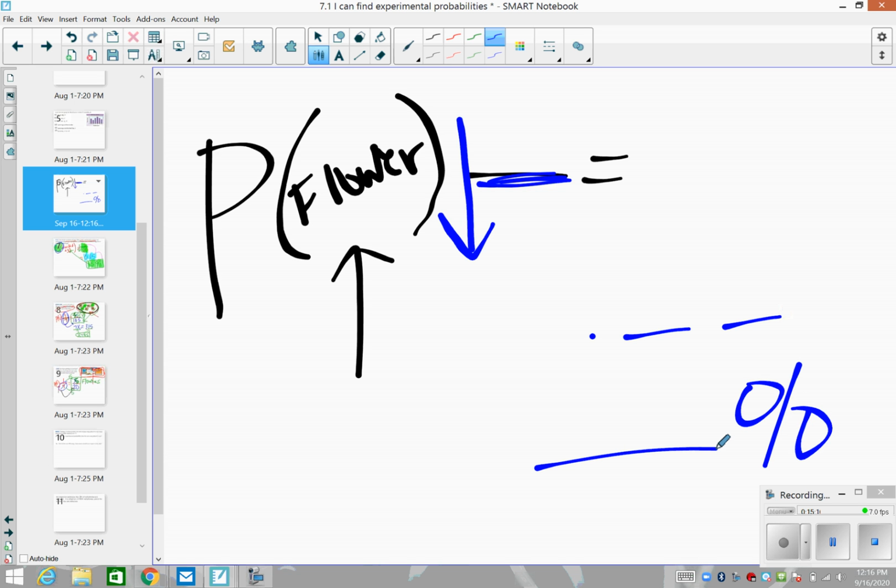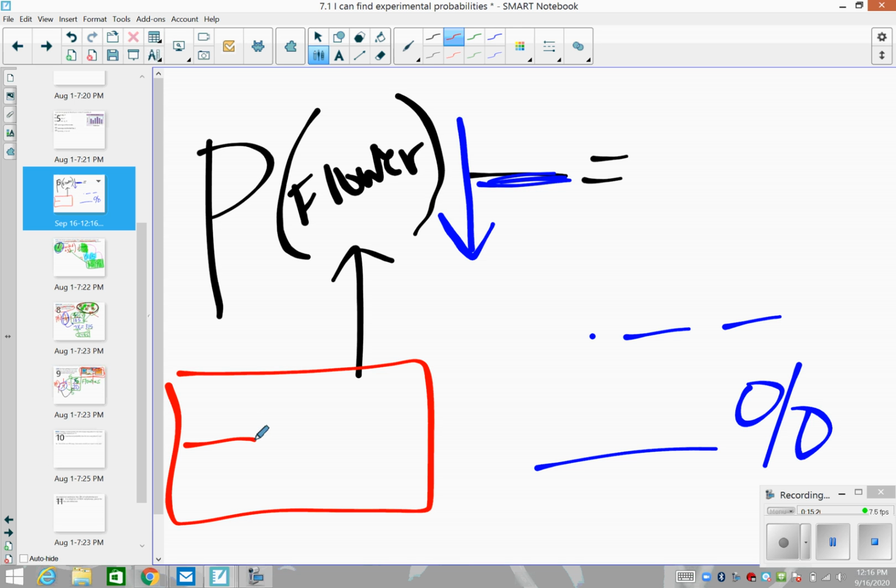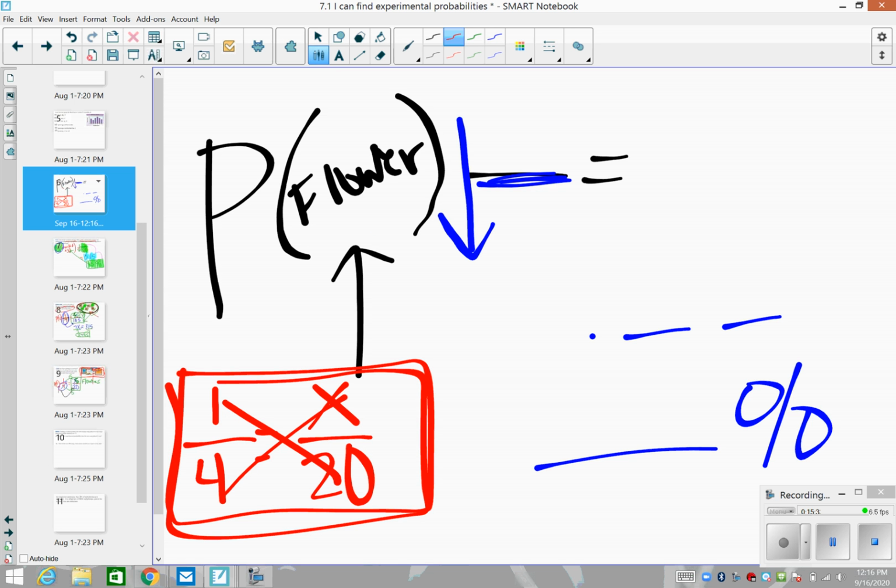There are other times where we set up a proportion: we got 1 out of 4 cards that had flowers in our experiment, so what do we predict would happen out of the entire package of 20? So sometimes we're doing predictions with cross products, and sometimes we're just trying to get the percent. There's a lot going on there, but it's very familiar language from elementary school.